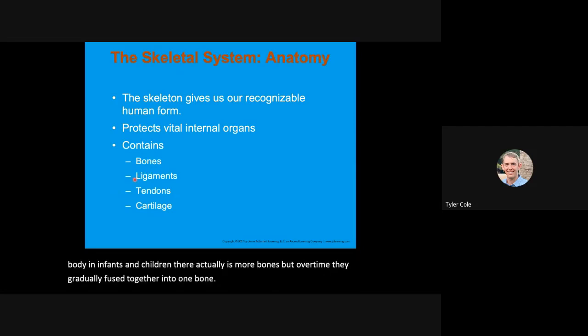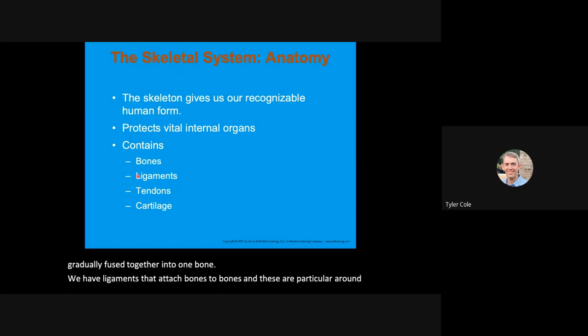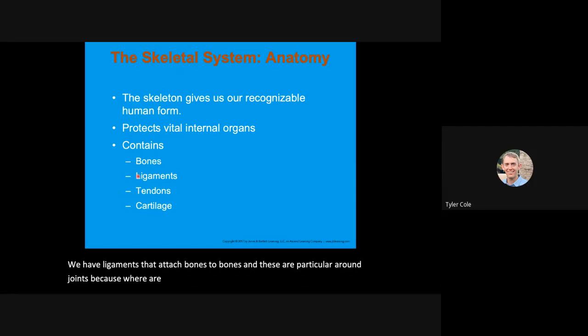We have ligaments that attach bones to bones, and these are particular around joints, because where our bones tend to move, we want to make sure that the structures stay together and don't float off. Then we have tendons, which attach the muscles to the bone.